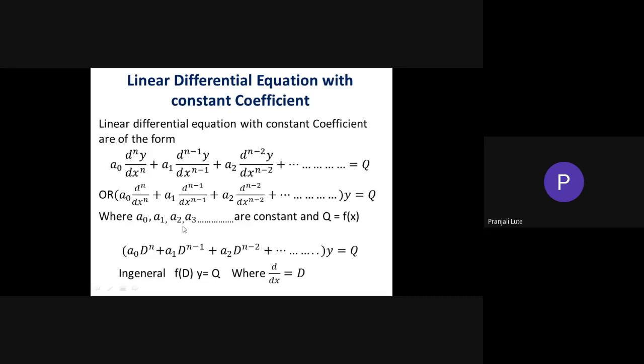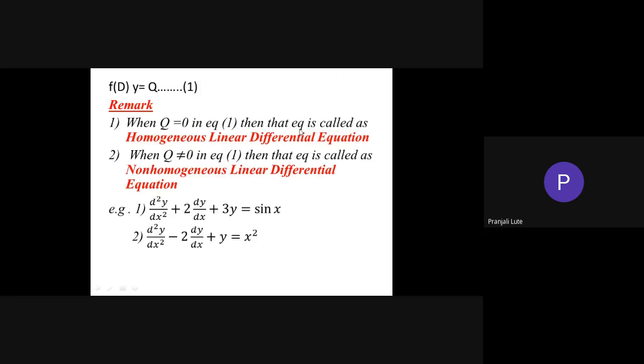So with the help of this concept, we have to solve linear Legendre's homogeneous differential equation. So f of D y equal to Q, this is the general form of your linear differential equation with constant coefficient.